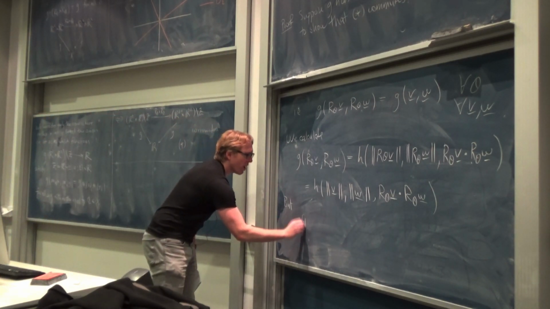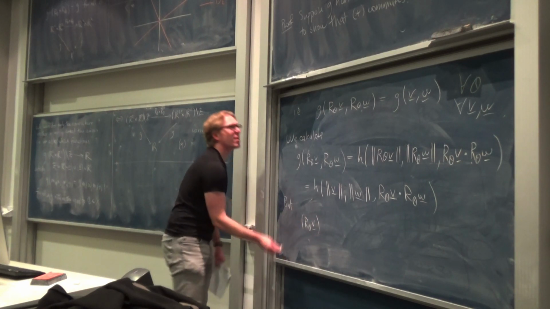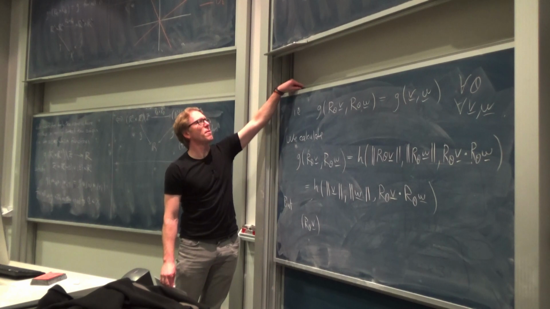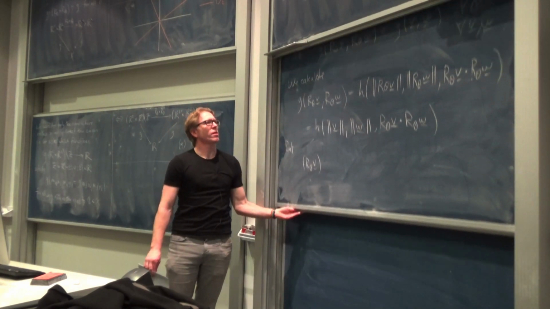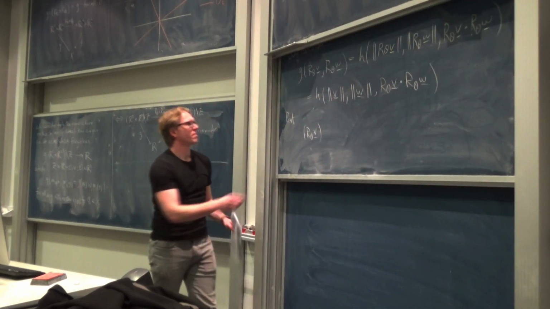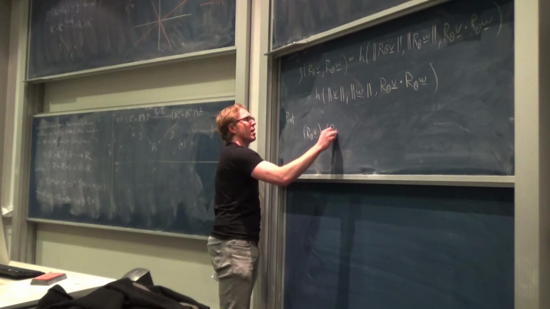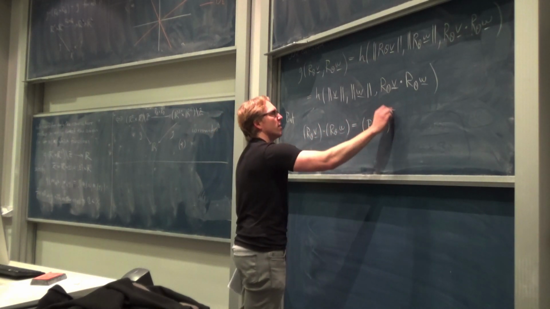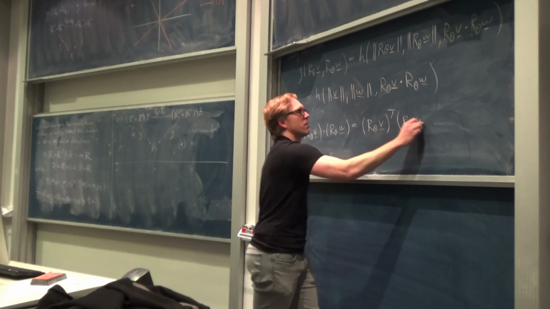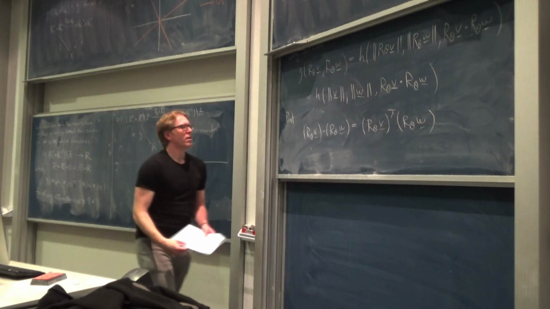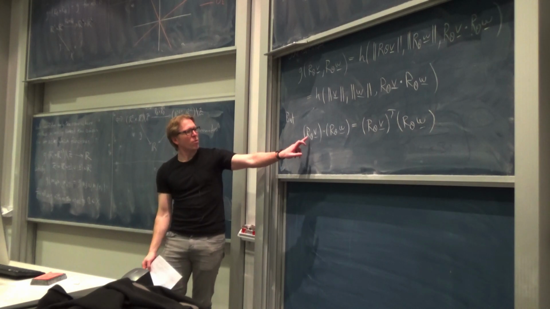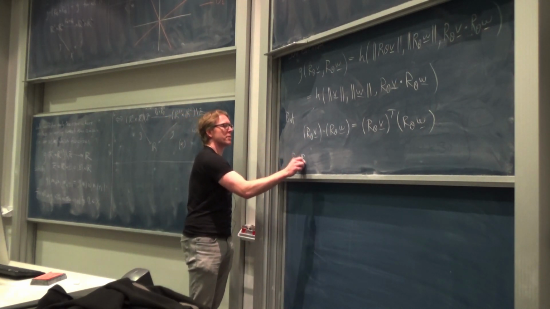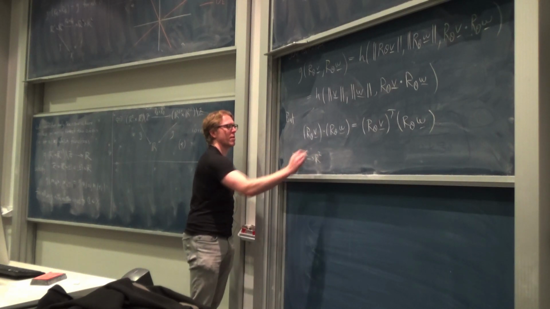So R theta V dot R theta W is the transpose of R theta V times R theta W. Now when I write R theta V, R theta was a function from R2 to R2, right?